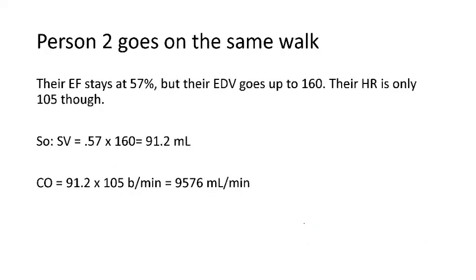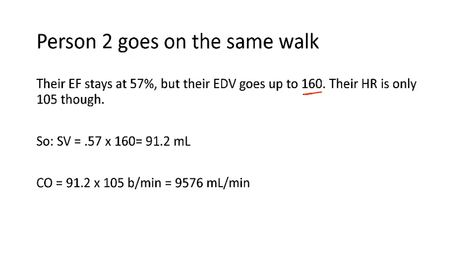Now, if person 2 goes on the same walk with person 1, maybe they are able to go out together and walk together, but their EDV goes up to 160. That's only a little bit, right? Compared to the other person, they had 150. Their heart rate only goes up to 105 instead of 110. So they have a little bit lower heart rate.